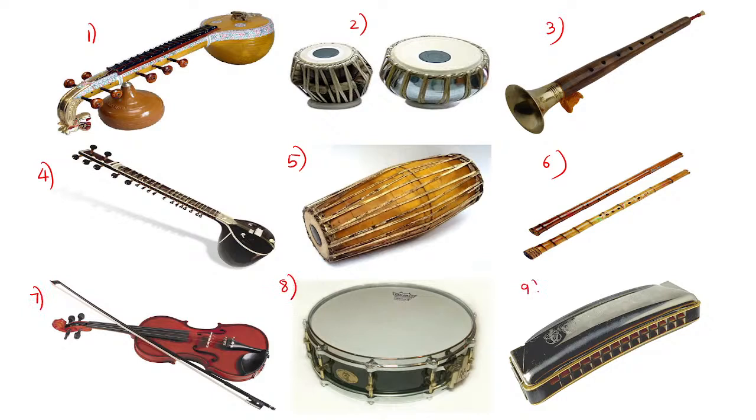Which part of the musical instrument produces sound? Let us take the first one, the sitar. How does it produce sound? It is similar to a guitar or a violin. There are stretched strings. The strings, when you pull them, vibrate and produce sound.